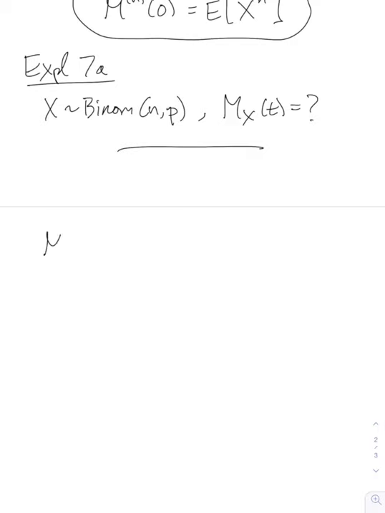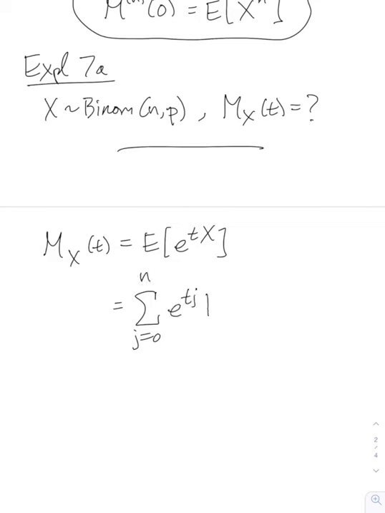All right, so we go to the definition. It's the expected value of e to the tX. Okay, X is discrete, so e to the tX is discrete, and we're going to sum over all the possible values of X. X can be anything from 0 to n. And we have e to the tj times the probability that X equals j.